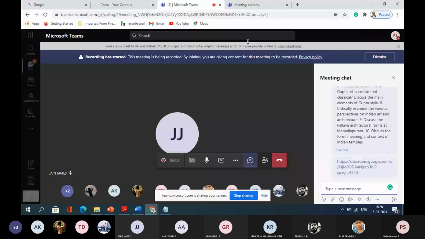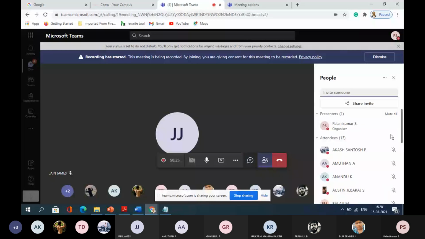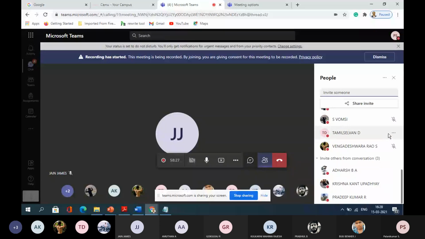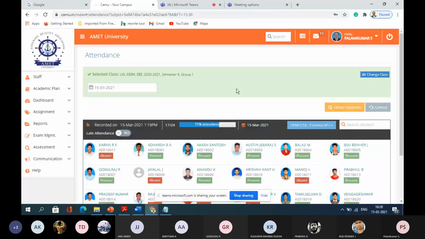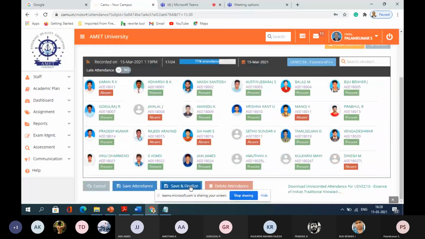Out of 70, only 30 are here. Okay, that is connection and all. I will give all the 17. The absentees are Karan, Jayalal, Manoj, Rajiv Aravind, Sai Hari, Dinesh, and Seth Sundar.